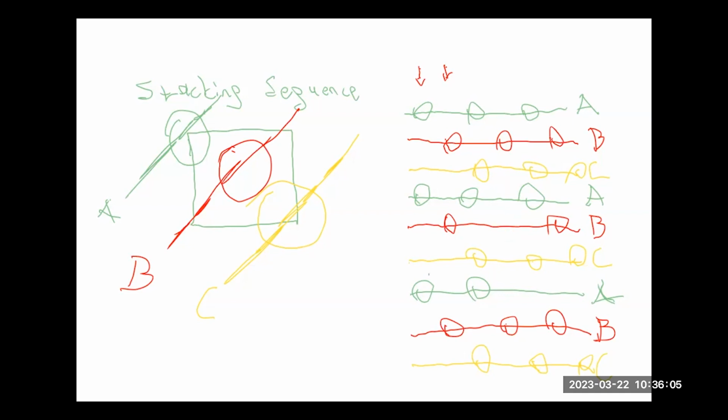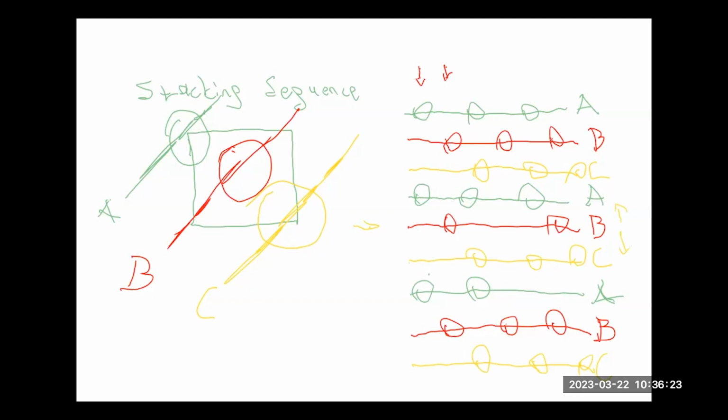Basically, this plane, the B plane, will try to attract the other planes, the first neighbors, firstly.